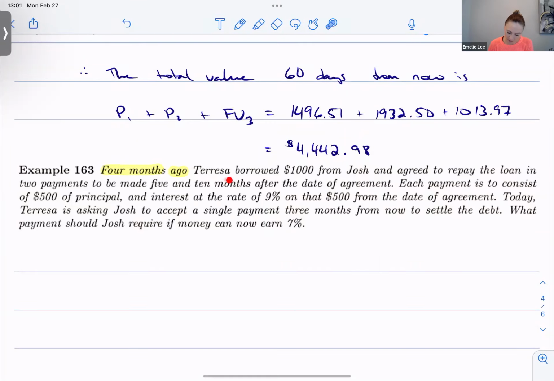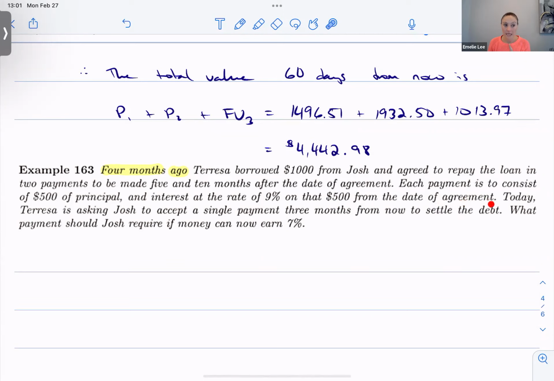Okay. Teresa borrowed $1,000 from Josh. Maybe I should read the question completely first. And agreed to repay the loan in 2 payments to be made 5 and 10 months from the date of the agreement. The date of the agreement was 4 months ago. Okay. Each payment is to consist of $500 of principal and interest at the rate of 9% on that $500 from the date of the agreement.